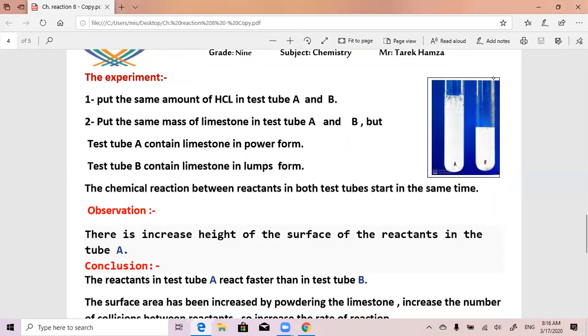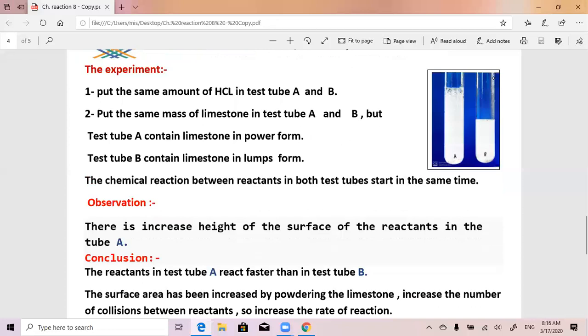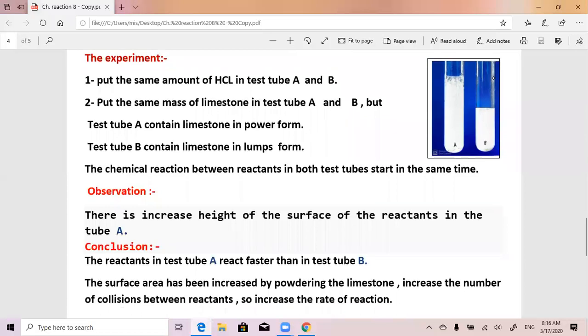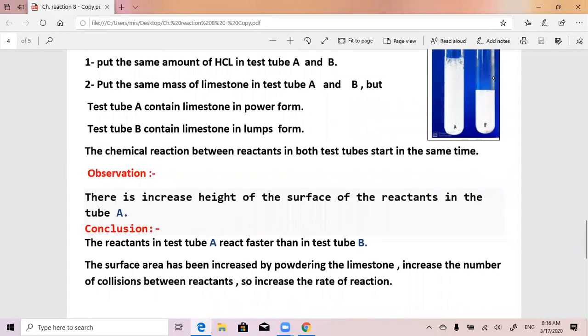In test tube A we put powdered calcium carbonate, but in test tube B we put calcium carbonate in lump form. Again, we differentiate between lump form and powder form. Powder form is very tiny particles of the substance. Lump form is not very large, but relatively large.